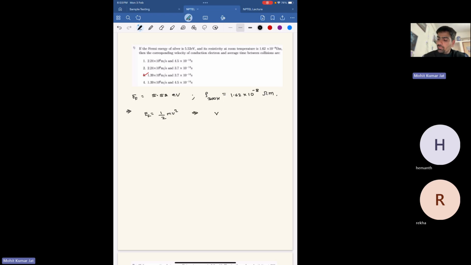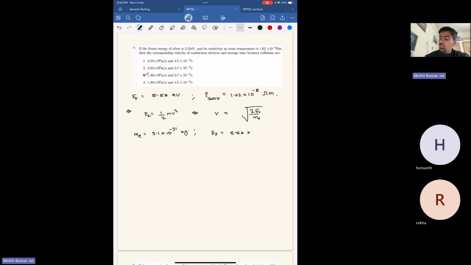So this implies v is under root 2 EF by m. Since no effective mass is given, I will take m as the mass of the electron, that is 9.1 times 10 power minus 31 kg. EF is already given, 5.52 eV. I will convert it into joule.